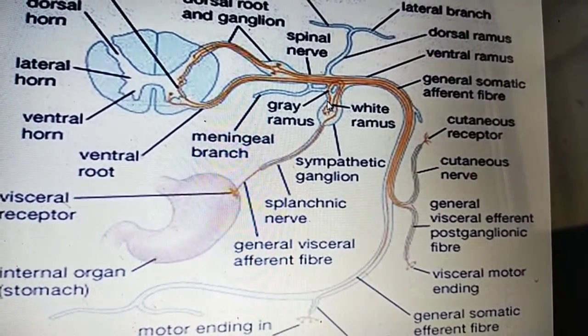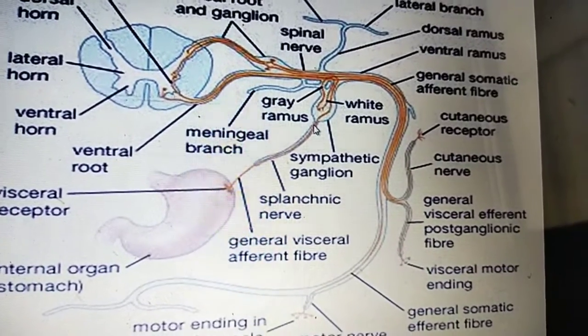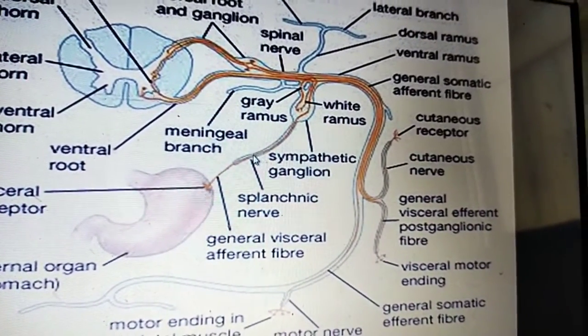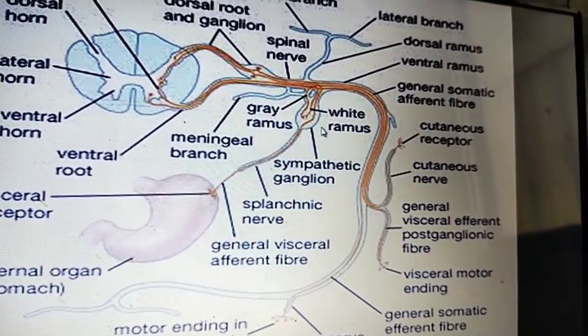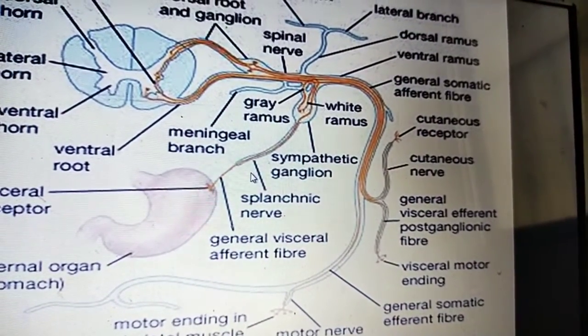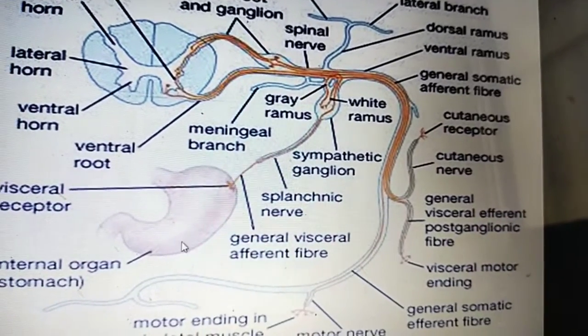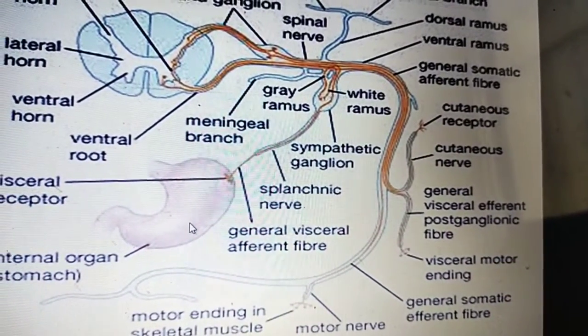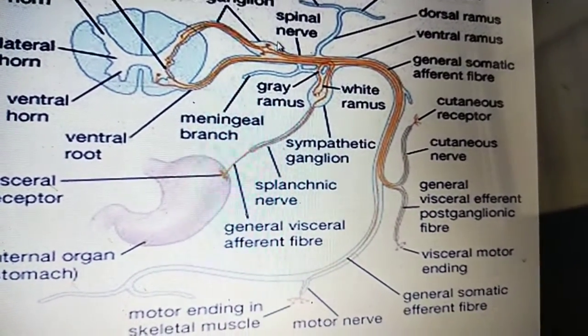They are the gray ramus and white ramus. Then the white ramus further gives the sympathetic ganglion, which forms the splanchnic nerve, and that will supply structures like the stomach or intestine.